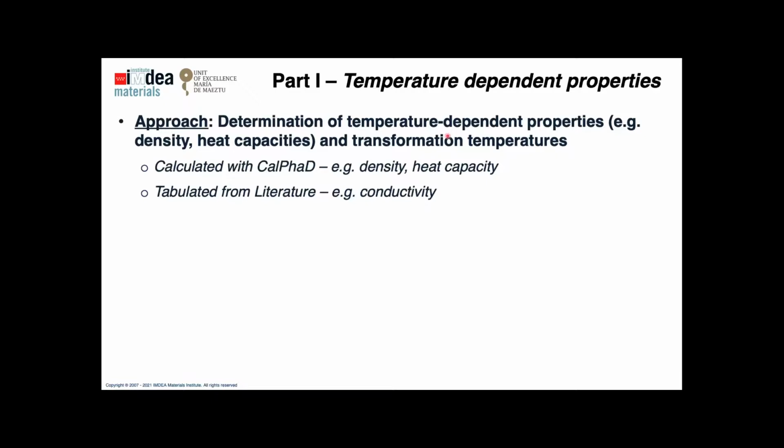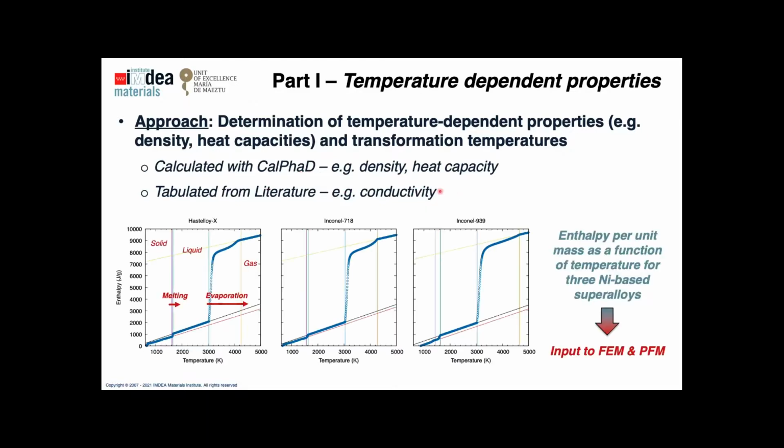For the temperature-dependent properties, we determine density, heat capacity, and transformation temperature as much as we can from CALPHAD, and tabulated from the literature when we cannot use CALPHAD, for instance thermal conductivity. Here I represent 3 different alloys, even though most of the study is focused on Inconel 718, where you have enthalpy versus temperature. I could have shown density.